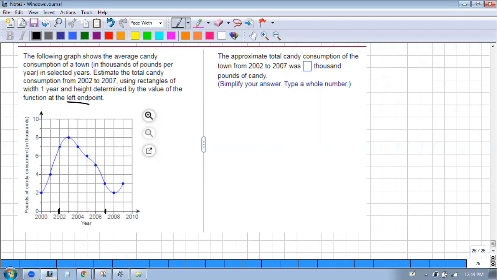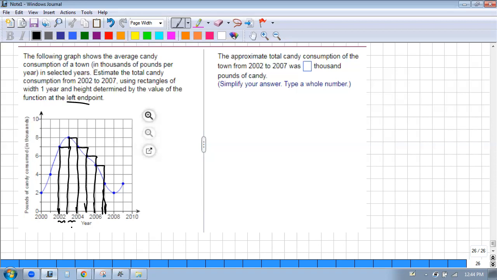So what they want you to do is get the area of that, that, that, that, that, that. Oh, I went too far. When did it end? 2007. There. Find the area of all those rectangles and add them up.